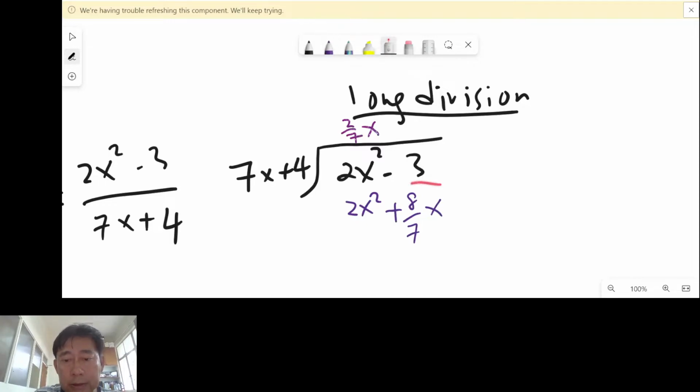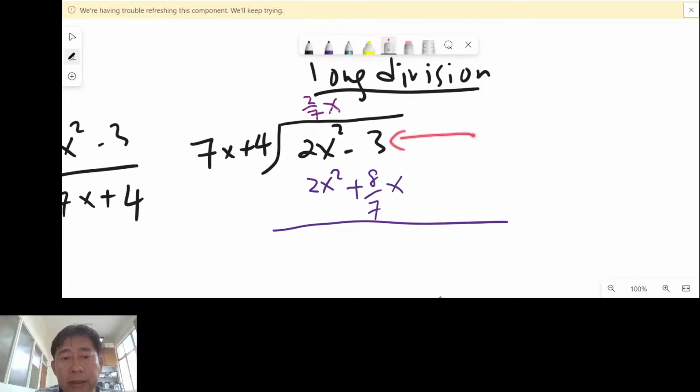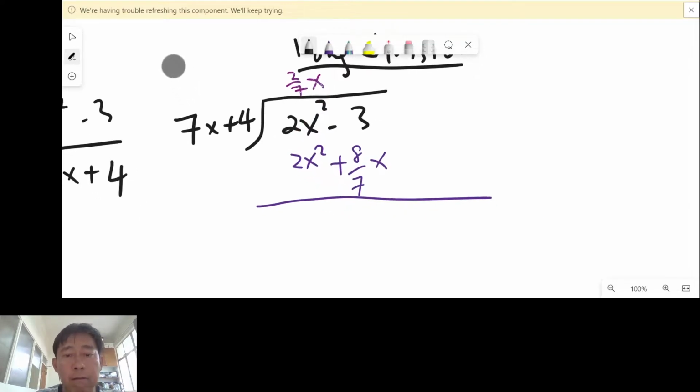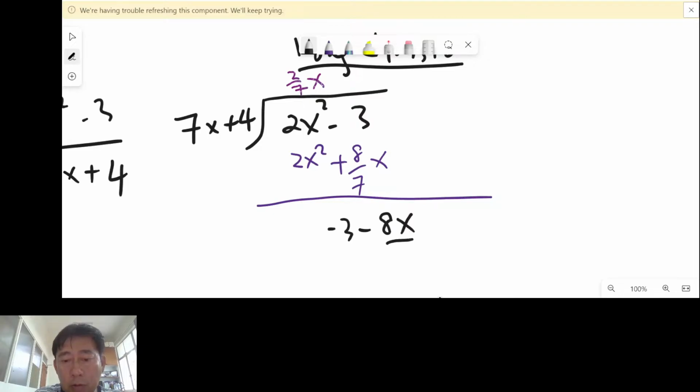Then you take the difference between 2x squared minus 3 and this line, so the 2x squared terms cancel off. Now you are left with minus 3 minus 8x over 7.